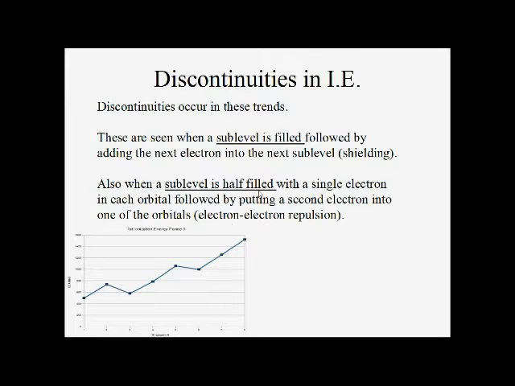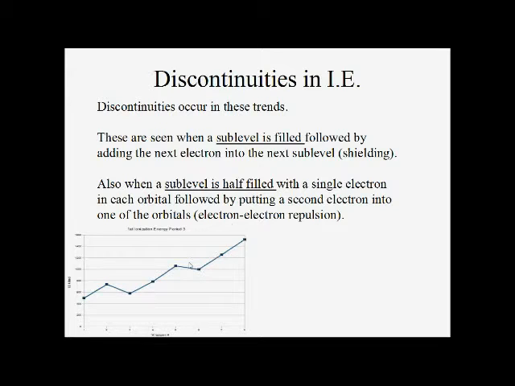So when we have a half-filled sublevel, this is stable, so it takes a bit of energy to remove the electron. Then the first electron beyond the half-filled sublevel is breaking the spin parallel that we have with the 3 parallel spins, and it has a little electron-electron repulsion going on, so it's not as stable, so it's easier to remove.